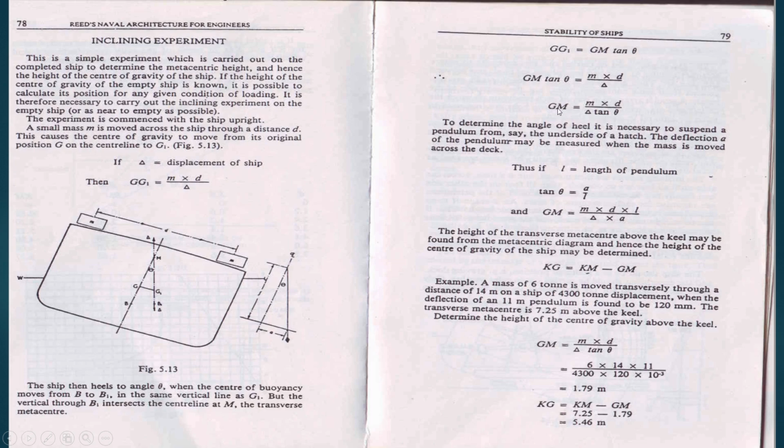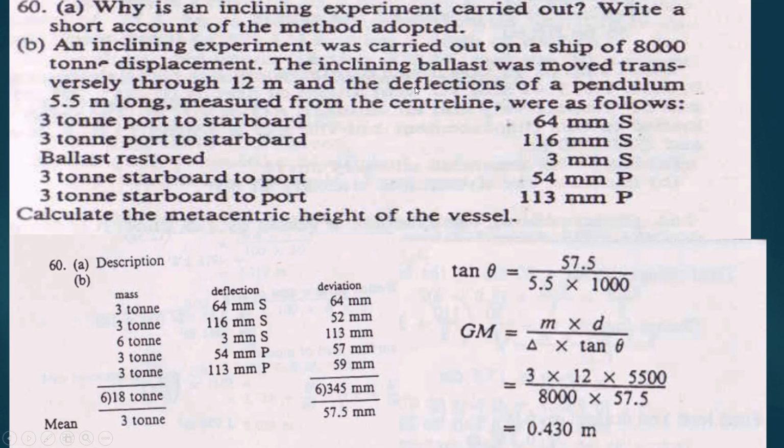So now let's see how the metacentric height is taken. Here the mass is equal to 3, the mean value, as you know, 3 tons. We are applying it over here. And the distance, what is the distance? The vessel moves transversely through 12 meter. So that distance we write over here, and we write the displacement as 8000 over here, and apply this value here, tan theta.